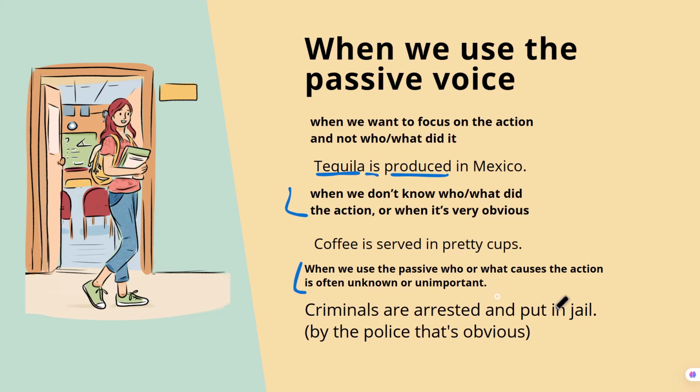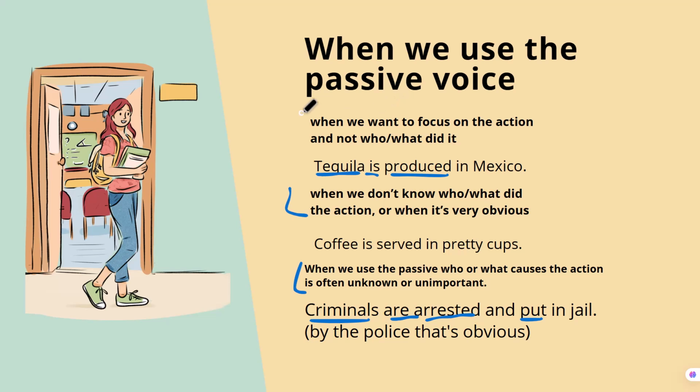So, once again, what's the formula? Subject, verb to be, our perfect past participle. Here we have another example: put in jail. This is a past participle, but it's irregular, as you already know.